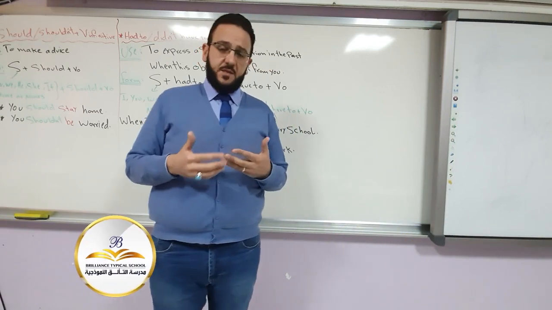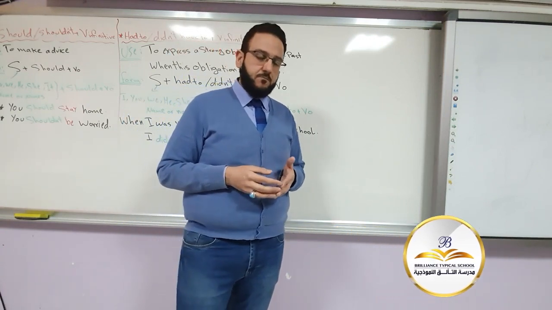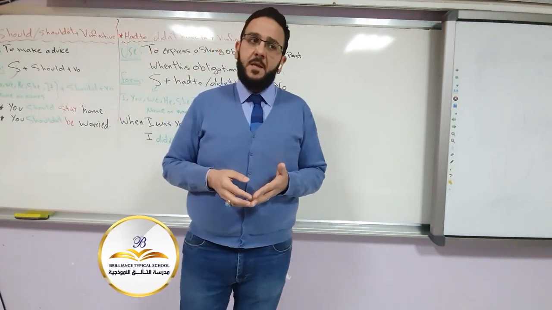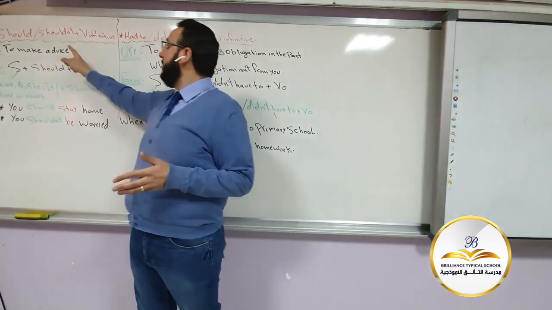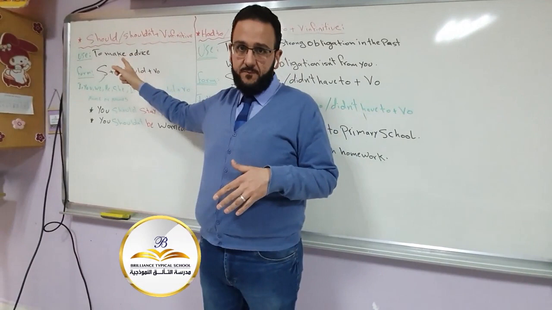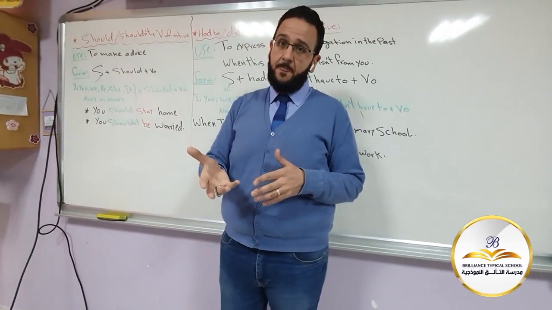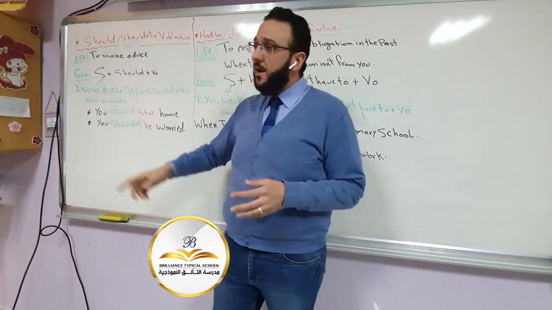Then, this is about Unit 9. Now let's talk about Unit 10. In Unit 10, we're also going to talk about modal verbs, but first we're going to talk about should, shouldn't, plus verb infinitive. We use should or shouldn't to give advice. Look at the form.